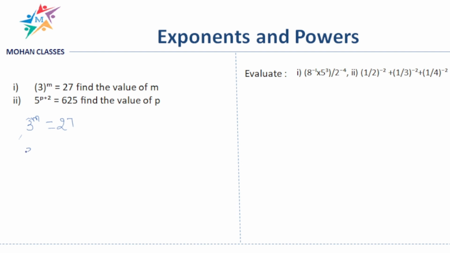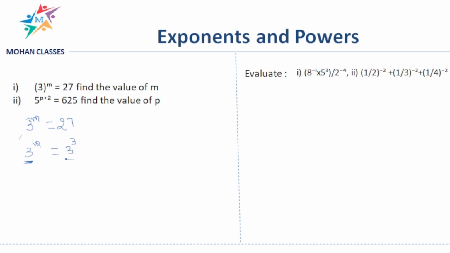So we should bring this 27 into the form of base 3. How can we write 27? 3 cubed, right? 3 3s are 9, 9 3s are 27. This 27 we can write as 3 cubed.